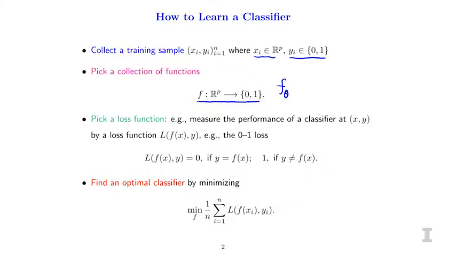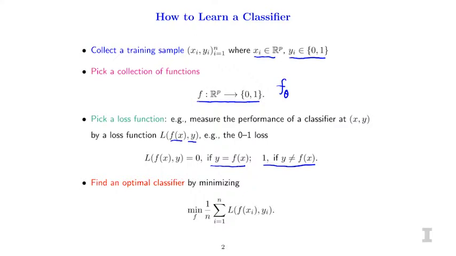And then we're going to pick a loss function that measures how happy we are with our prediction f(x) when the true response, the observed one, is y. For example, for the 0-1 loss, if our prediction agrees with y, then the loss is 0, and the loss will be 1 if they disagree.